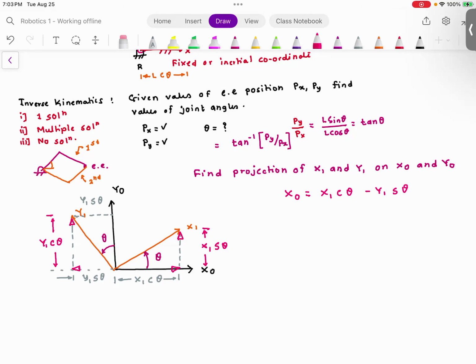You agree with me? Look at this projection, y1 cosine theta. This projection is x1 sine theta.